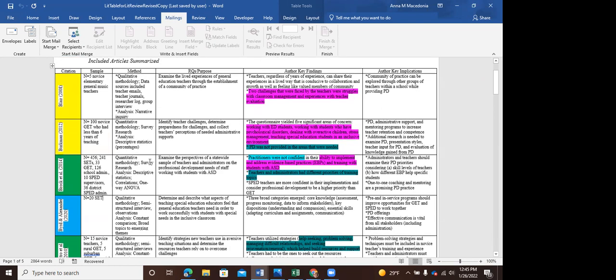So as a whole, this is really telling me a lot in terms of how many articles looked at only general ed versus only special ed versus a mix of everything.